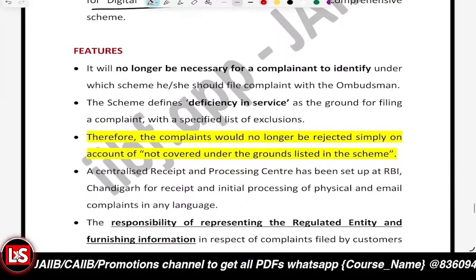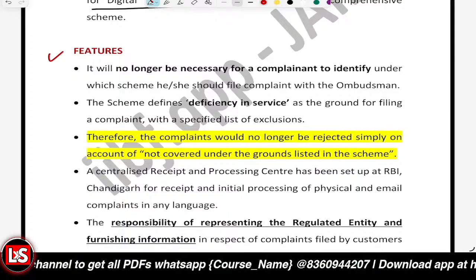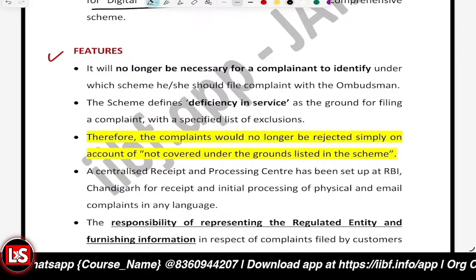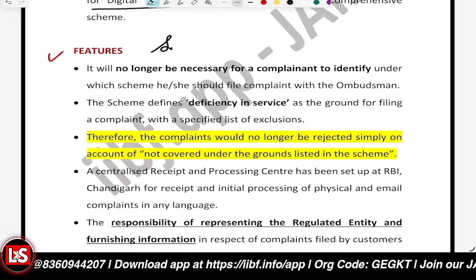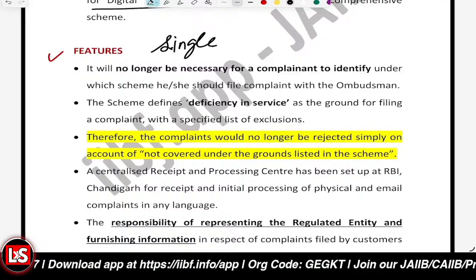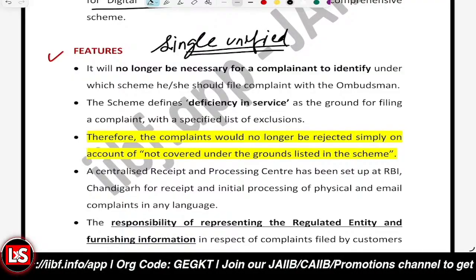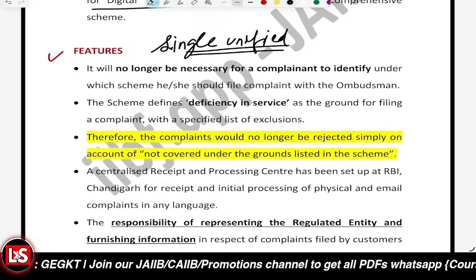So let's have a look at the features of the Integrated Ombudsman Scheme 2021. First of all, as I told you, it's a single unified scheme. Customers need not identify the correct scheme separately.